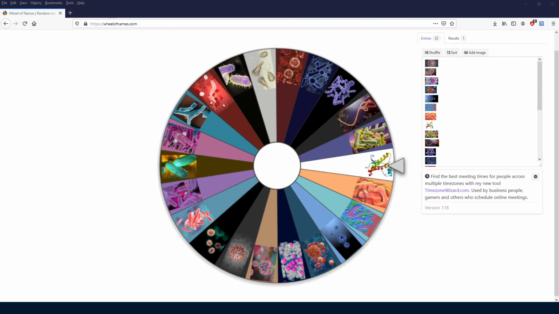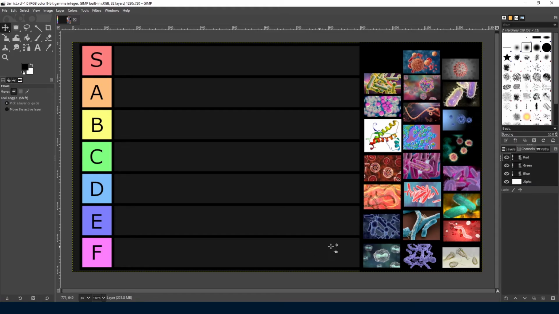And just some notes on smallpox. It is responsible for some of the worst outbreaks in human history, and it was declared eradicated in 1980 by the WHO, the World Health Organization. So we go back to a little tier list thing here.